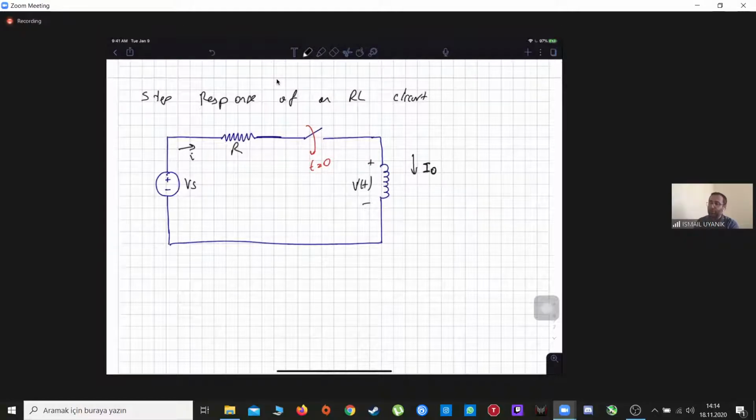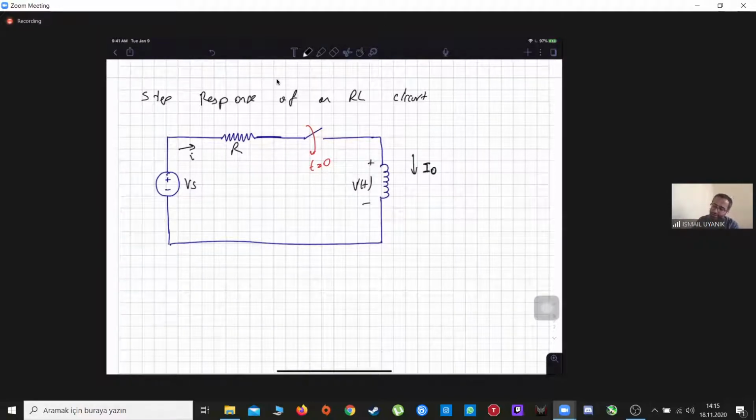Okay, so let's try to analyze this circuit. We know before this switch was closed, the inductor current was I0. It had some initial current flowing through it, but again, that can also be 0. We don't care.